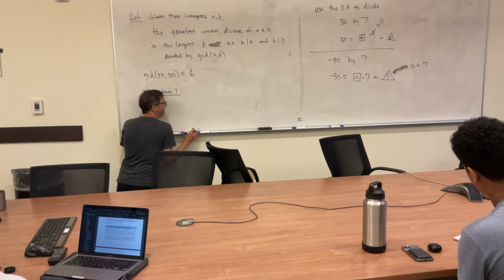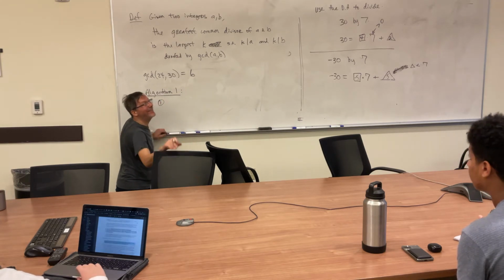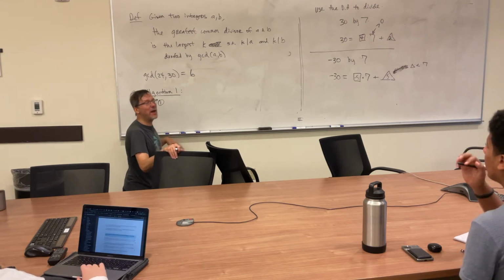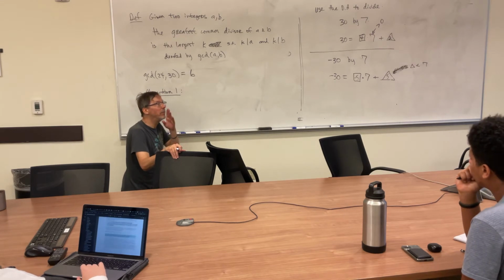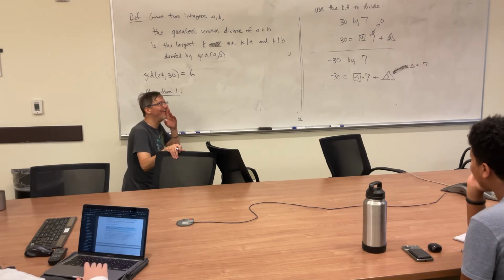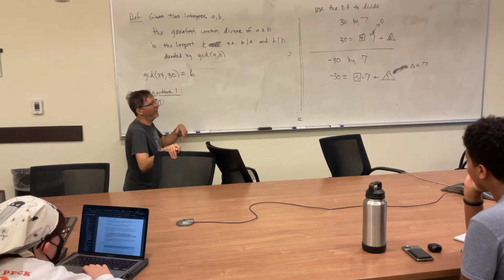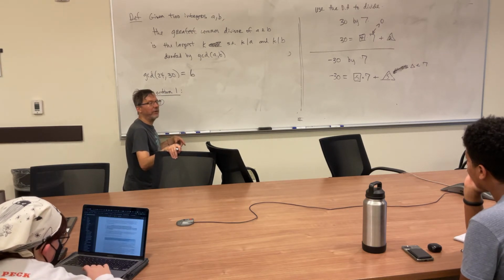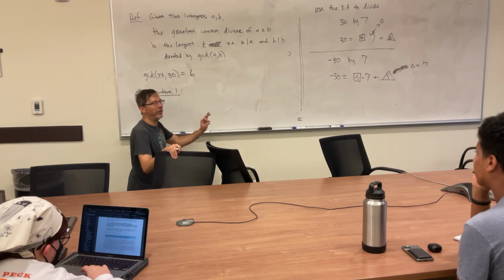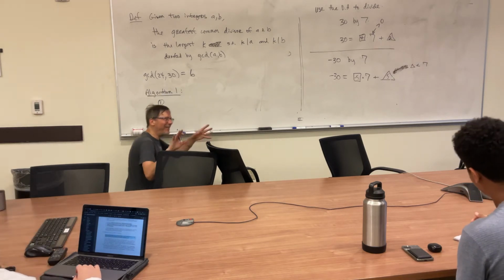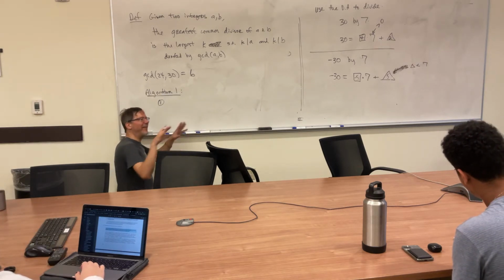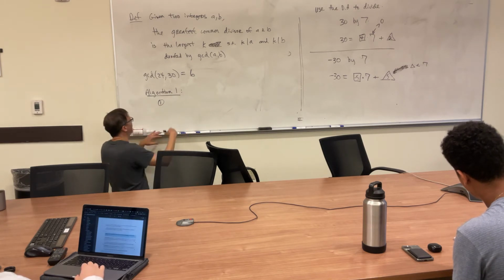Does anybody know what the fundamental theorem of algebra is? No, fair enough. Every integer has a unique prime factorization. You know that fact. It's just maybe you didn't know that's what it's called.